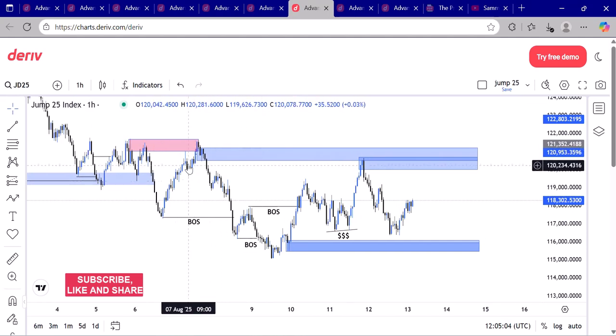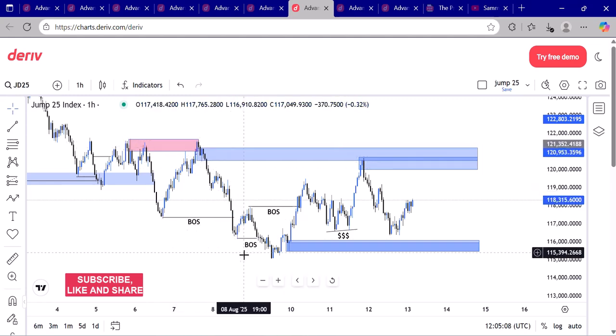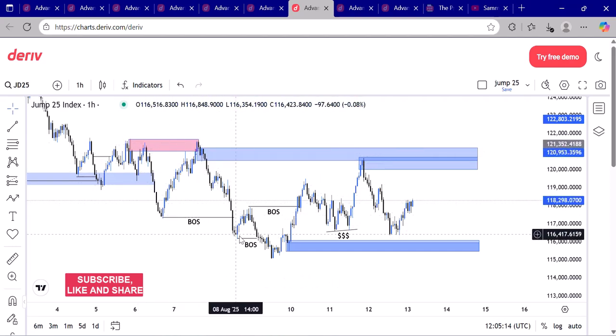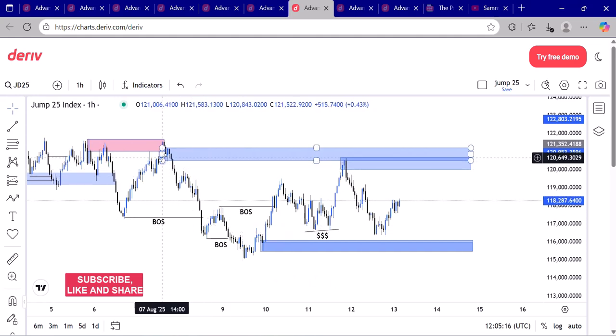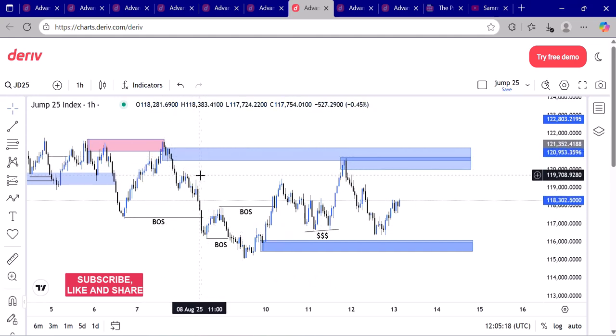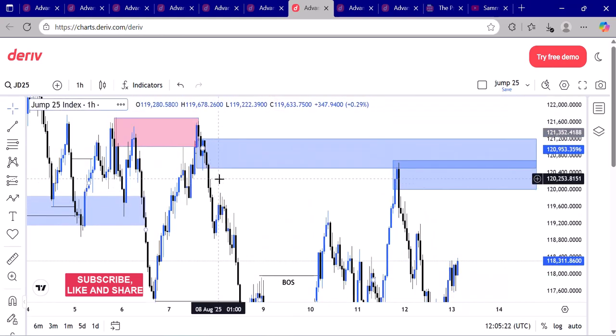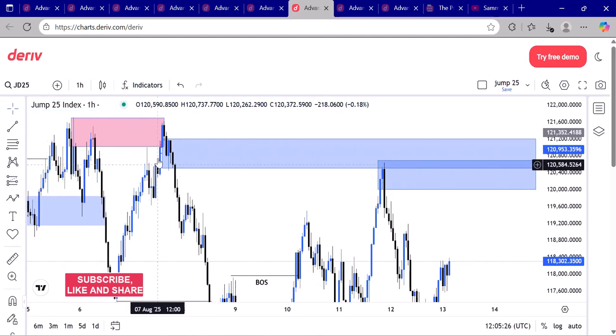We see that there was an impulsive movement to the downside, which caused this break of structure. So there was an impulsive movement, and this becomes our supply zone. Also there is a candle that triggered this downward movement, which we'll call our order block.